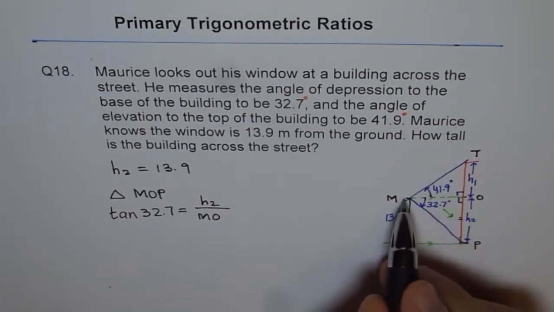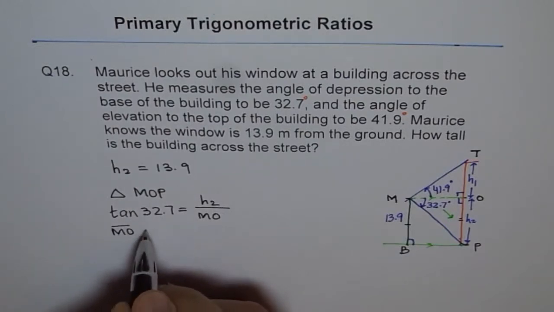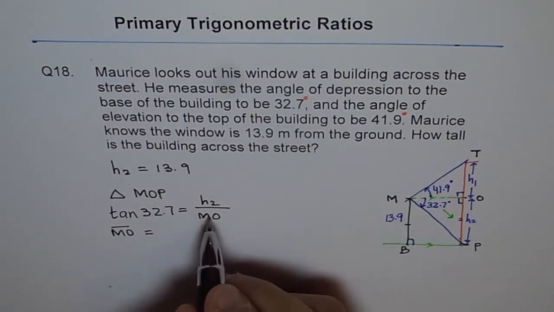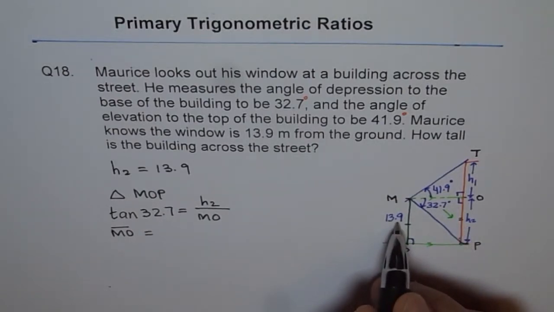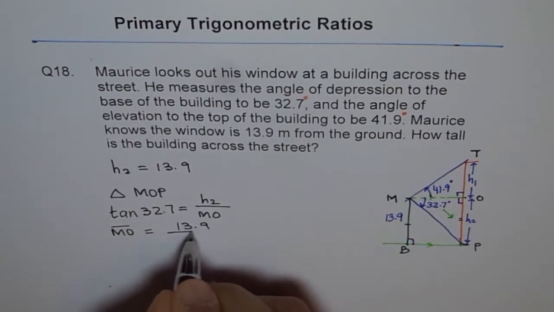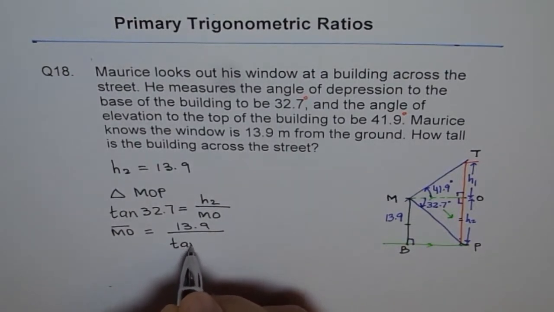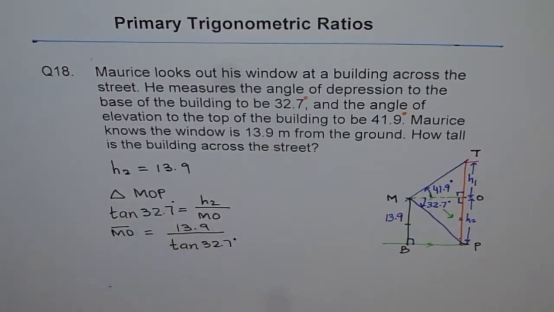MO is the distance between the two buildings. So MO is actually equal to h2, which is given to us as 13.9. So let me write this, 13.9 divided by tan of 32.7 degrees, correct? So we can calculate this.